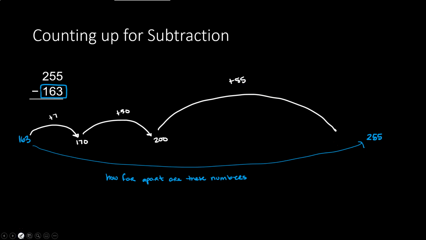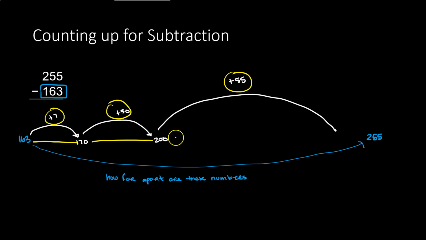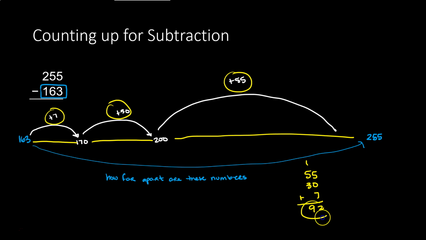The distance, or the difference, or the subtraction of these numbers is all of the space in between. So we have 7 units here, 30 units here, and 55 units here. If we add those together, we get 92 units. They are 92 units apart.